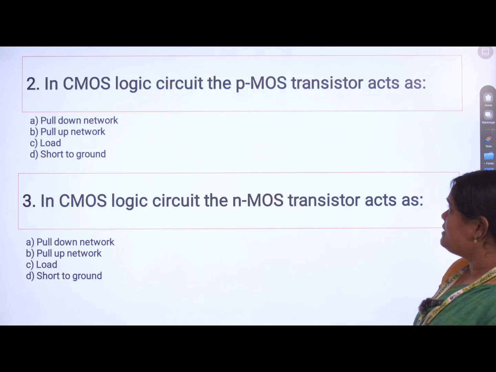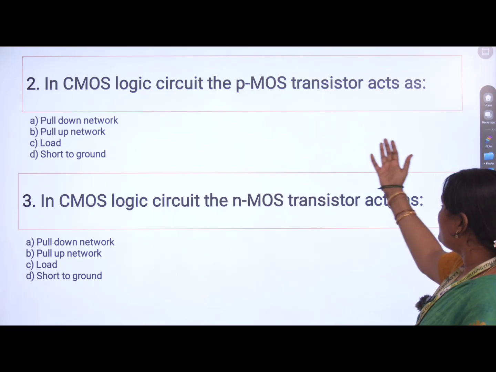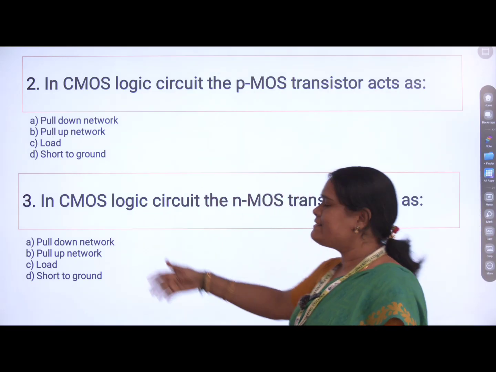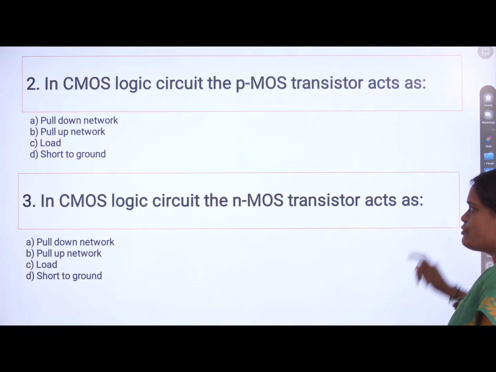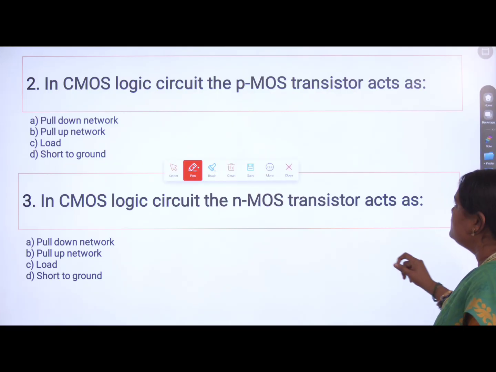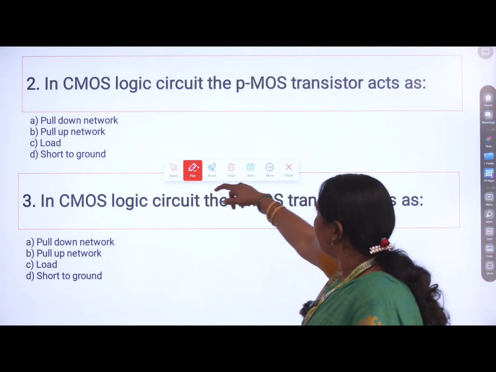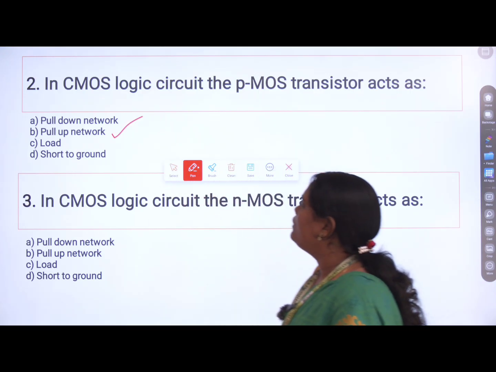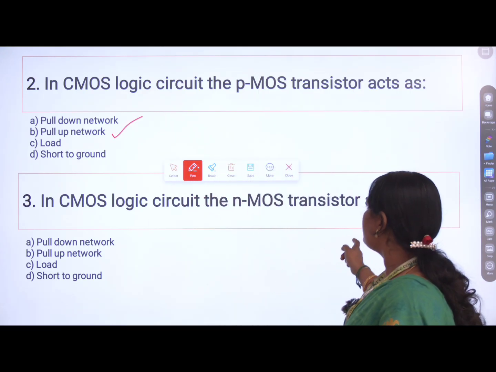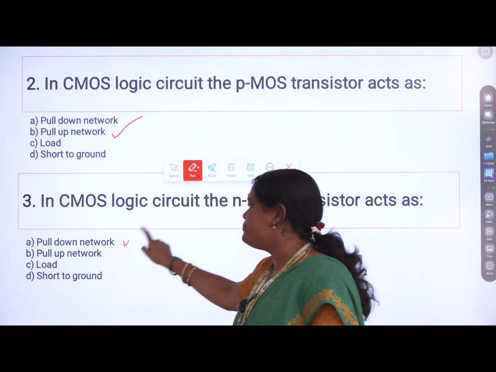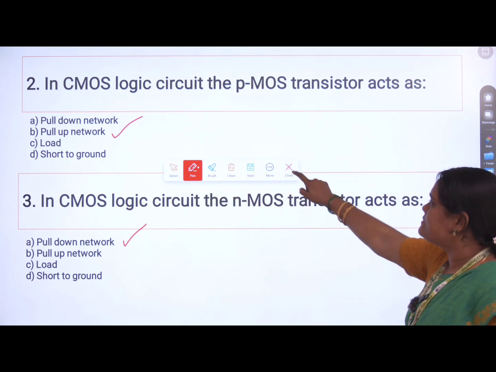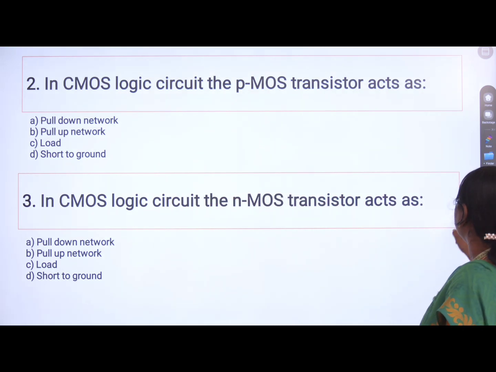In a CMOS logic circuit, the PMOS transistor, we already discussed these things in the structure of PMOS, CMOS, so that we can exactly write. In CMOS logic, PMOS is always connected in the pull-up network. In CMOS logic, NMOS is always connected in the pull-down network. We already discussed the reasons behind this.